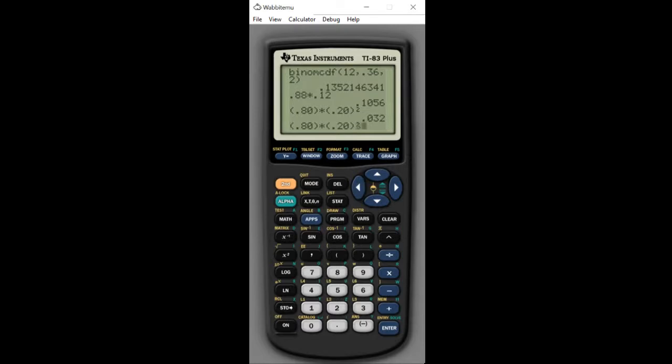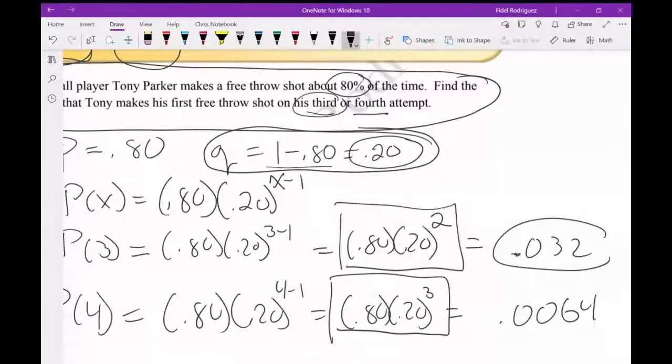I'm just going to change that to a 3, to the third power. Hit enter, and I'm coming up with 0.0064. Let me stop sharing that and come back to my notes. And we got 0.0064. You guys can see that?